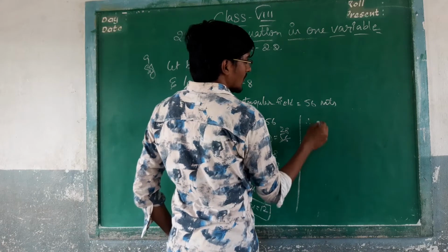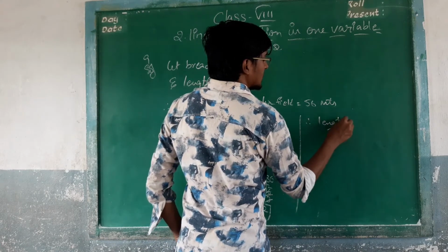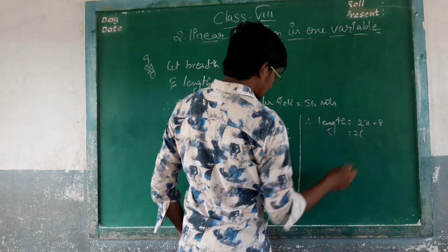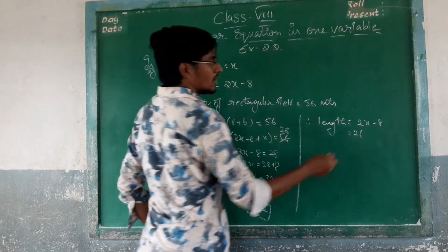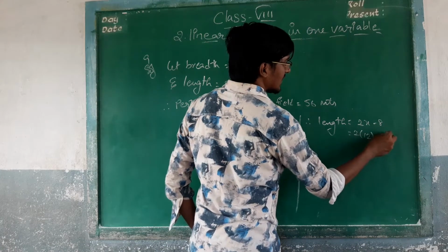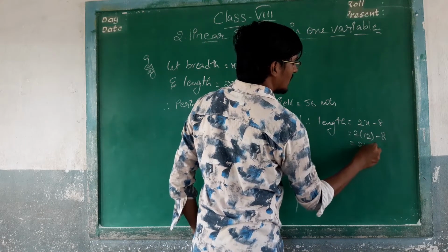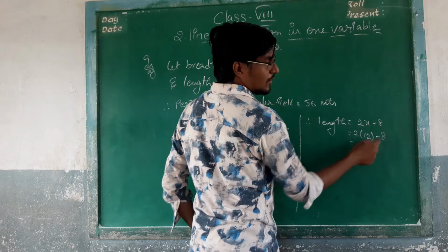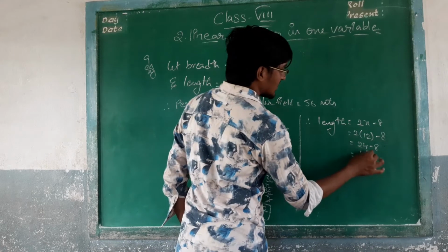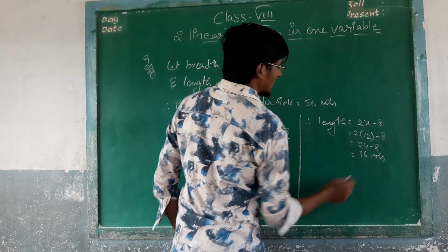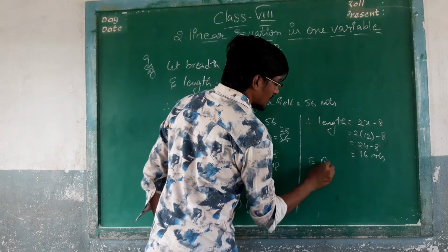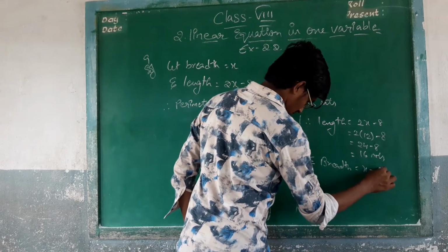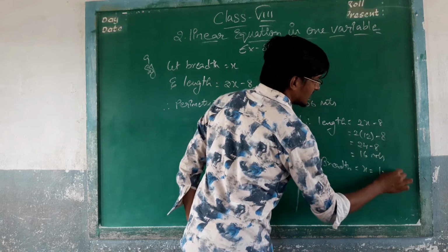Therefore length equals 2x minus 8, 2 into what is the x value here, 12. 2 into 12 minus 8 equals 24 minus 8. 2 12s are 24. 24 minus 8 is 16. So therefore the length is 16 meters and breadth equals x, that equals 12 meters.